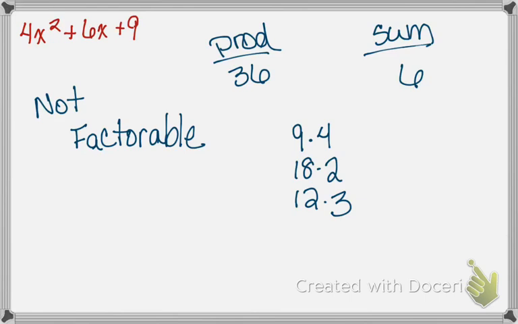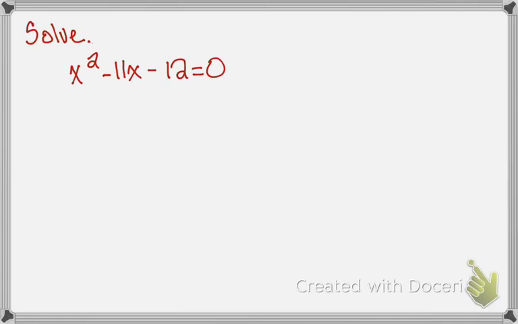Now, there's one more thing I want to show you. We've got about 8 or 9 minutes left. I want us to look at this right here. I have something that looks like a trinomial, and it actually is a trinomial: x squared minus 11x minus 12. But my directions don't say factor.